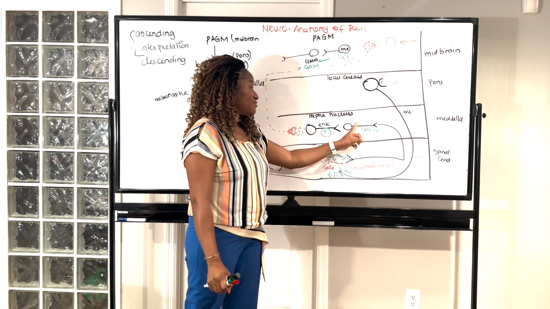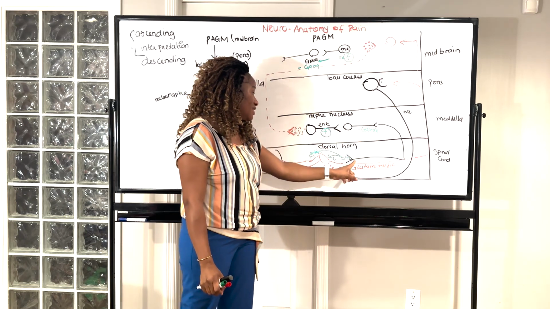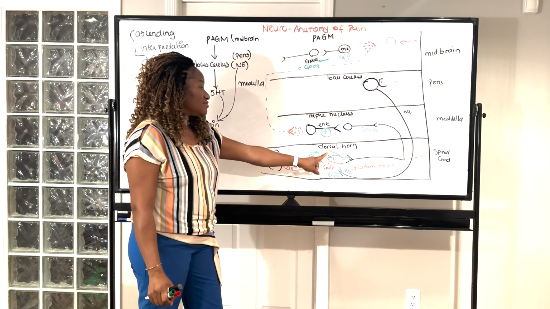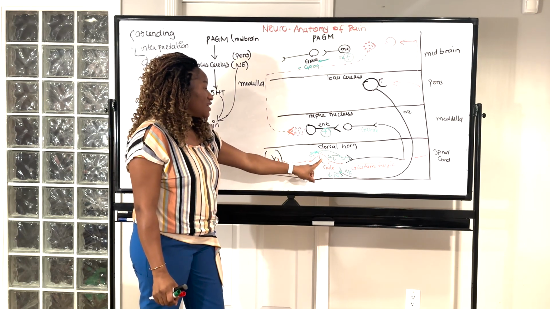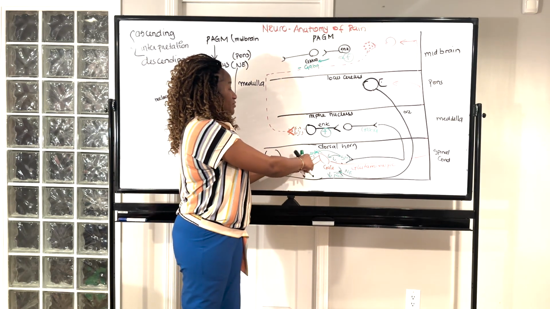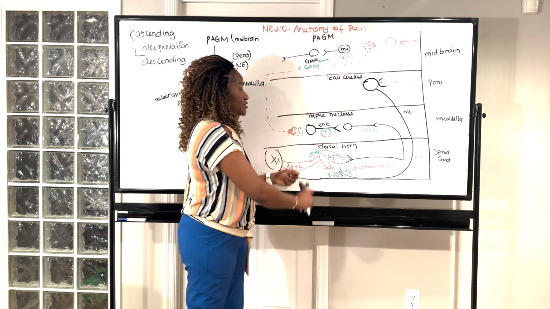The raphe nucleus senses that GABA is inhibited and it produces the serotonin. Serotonin inhibits the pain and makes sure that other enkephalin here diminish the pain.